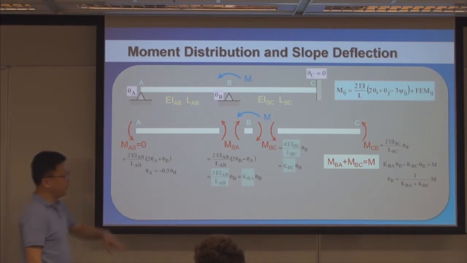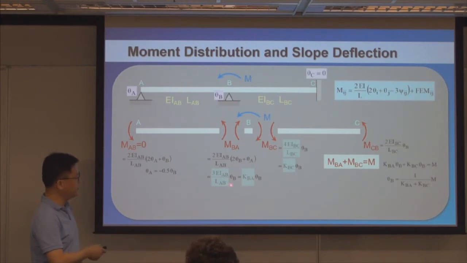And then step number 4 is back calculating, taking theta B and substituting it back into each individual end component, then you can have all the end moments solved.